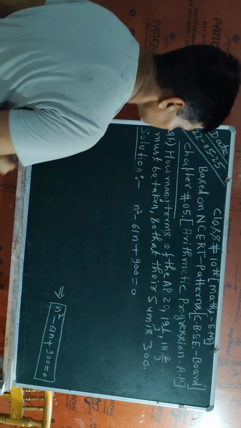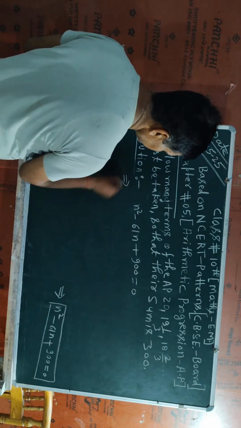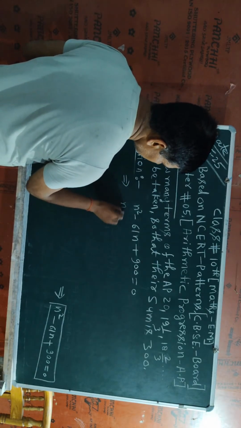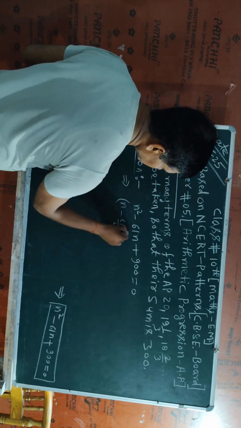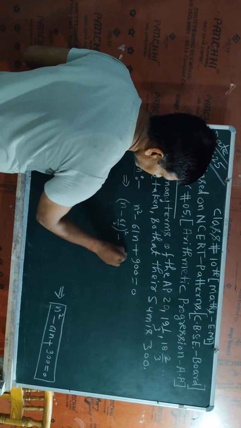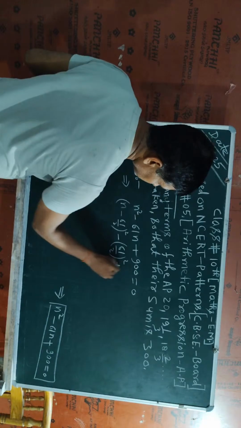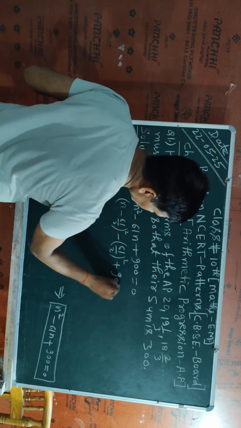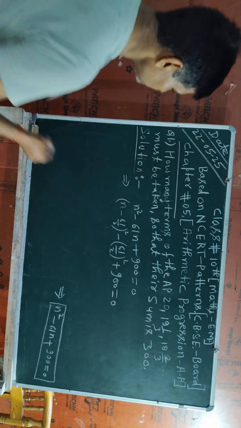Okay students, now further here I will write in the left hand side n minus 61 divided by 2, and then its whole square, and then minus 61 divided by 2 whole square, plus 900. After writing it, I will further simplify.